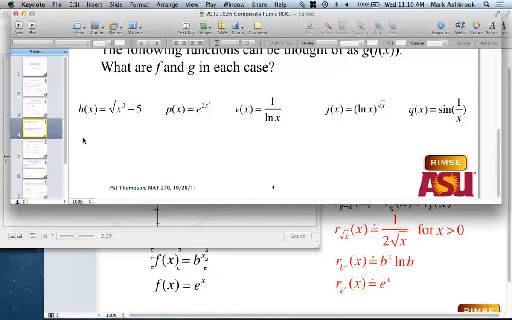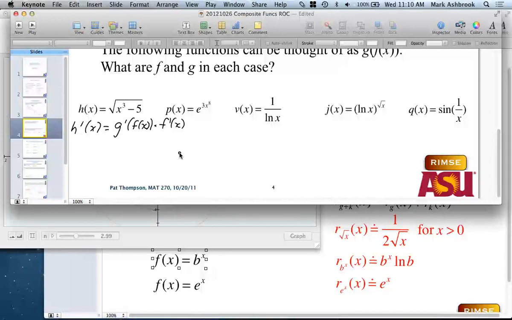We're writing what h prime is. So what did our chain rule say? The rate of change of g with respect to f times the rate of change of f with respect to x.